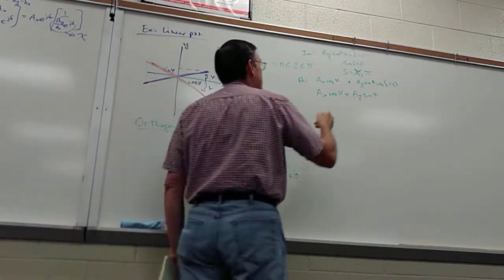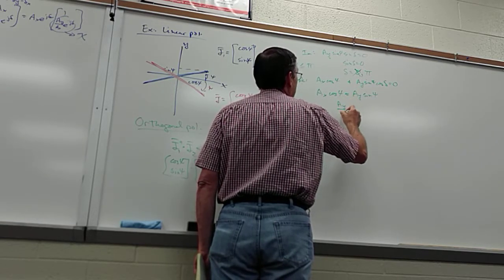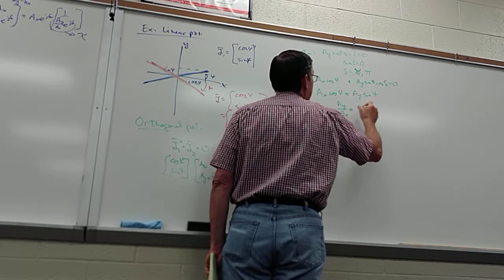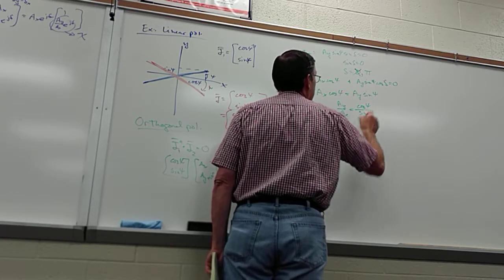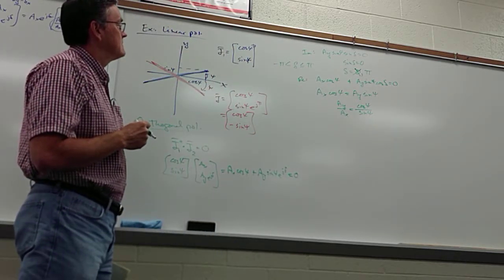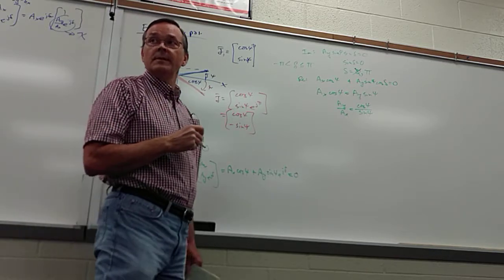So then we can do a little algebra. Ay over ax has to be equal to cosine of psi over sine of psi. Yeah, we can do that. This just comes back to tangent.